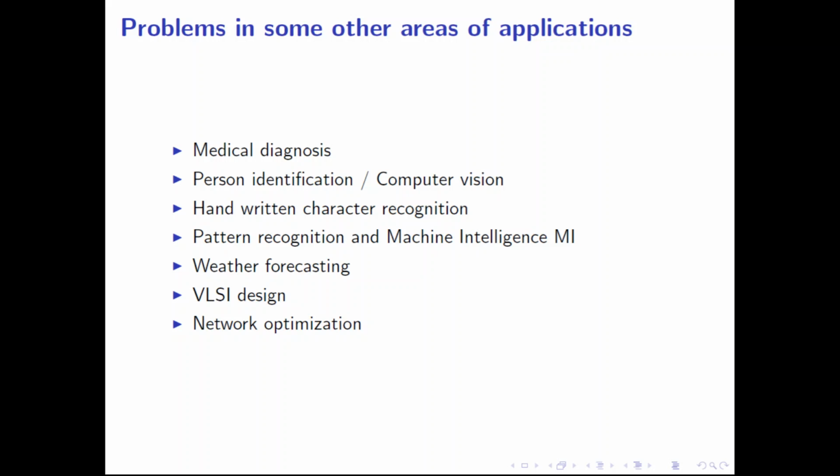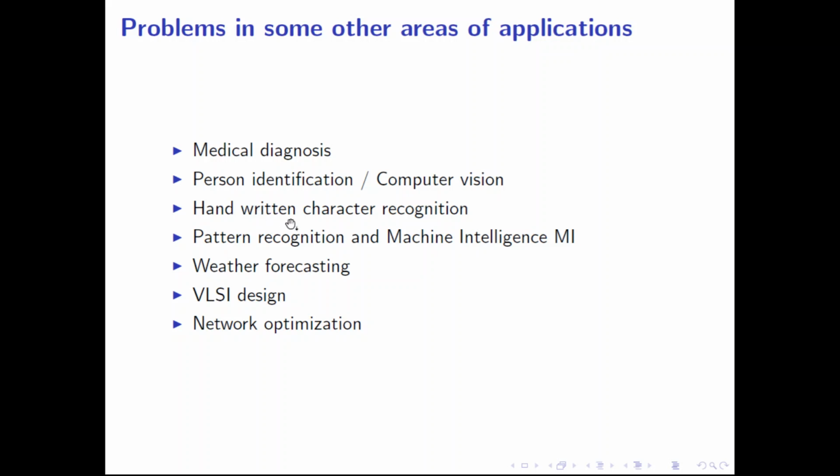Or take person identification or a computer vision problem such as face recognition. Here also the system can only say that up to 90 percent probability this face matches this person, but it cannot say 100 percent that this image represents that person only. These are some of the problems which cannot be handled using hard computation.